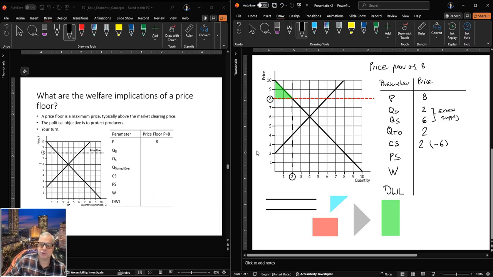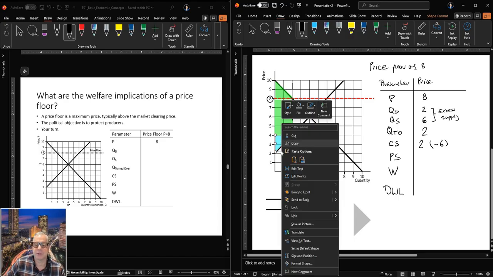How big is producer surplus? Producer surplus is everything above the supply function and below the price that the producers get. So now we have this blue triangle, but now we also have another blue triangle. So I have to make that blue.